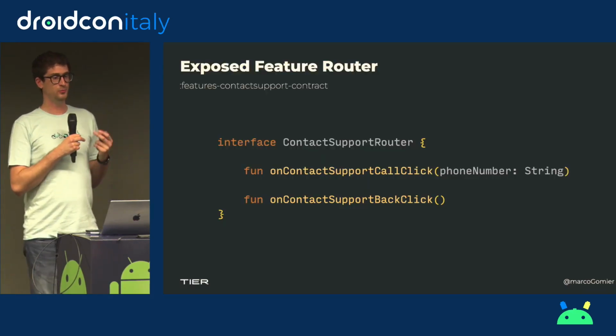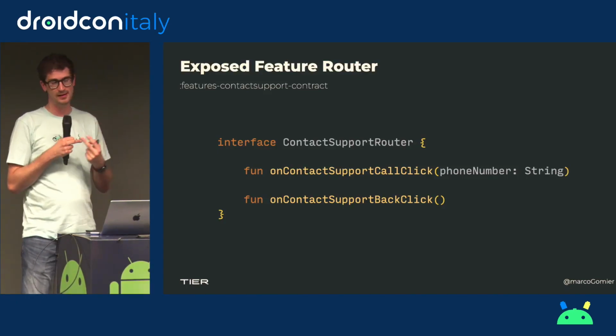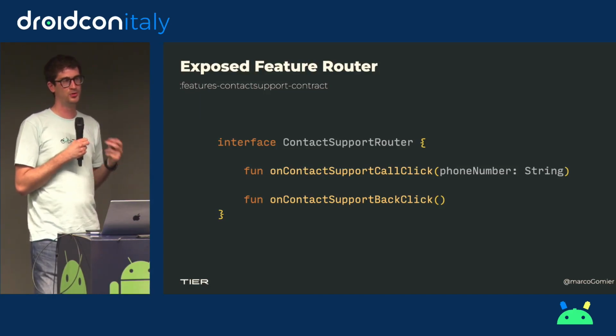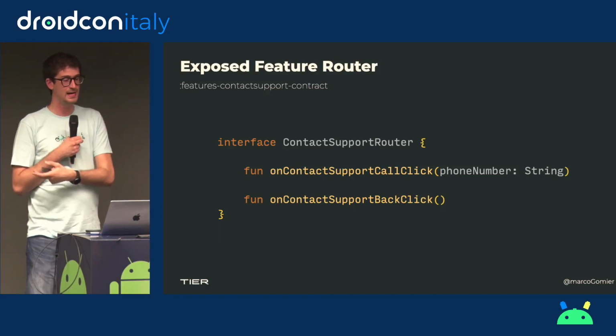And a router will be simply an interface with some functions that are doing stuff. So in this case, for example, navigating back or starting the flow for calling the customer support.